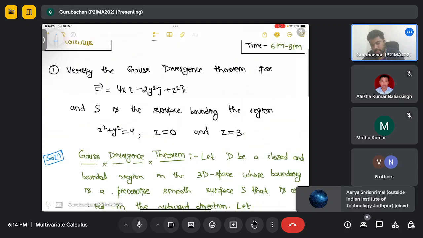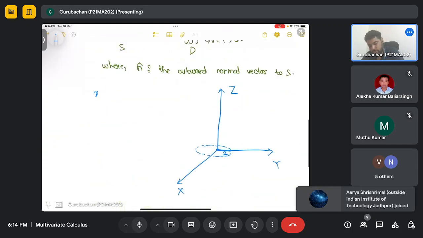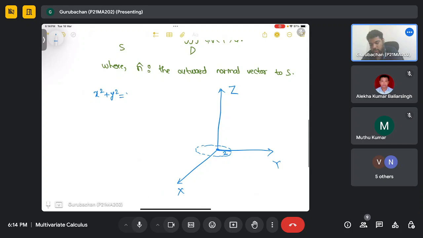What was the surface? x square plus y square equal to 4, z equal to 0, and z equal to 3. So z equal to 0 means the xy plane, and this will be z equal to 3. This is our given cylinder.